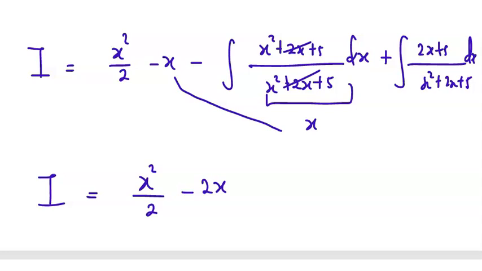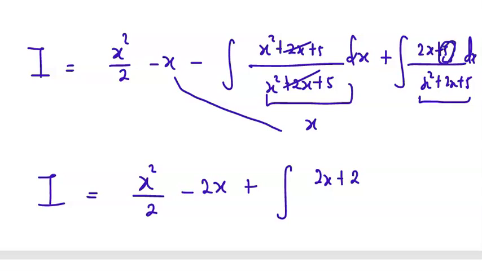Okay, cool. And then plus, so let's think about this particular place. We can actually rewrite the numerator as 2x plus. So take a look at this denominator here. The derivative will give us 2x plus 2. So if you have 2x plus 2 here, but remember we have plus 5 here.